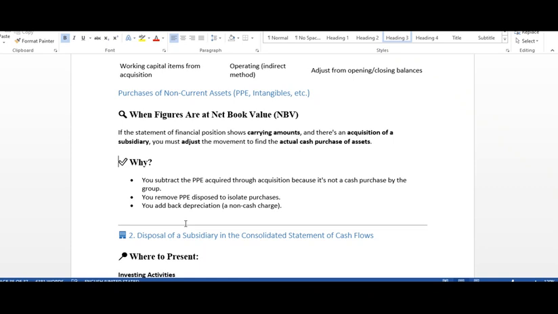You have to remove that PPE. The PPE disposed to isolate the purchases. Don't forget, cash flow has to do with movement of cash in and out. You acquired the PPE, you did not pay for it. You remove the PPE disposed to isolate for only purchases, and then you add back a non-cash charge, which is your depreciation.